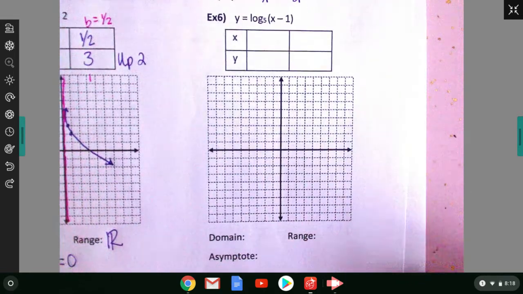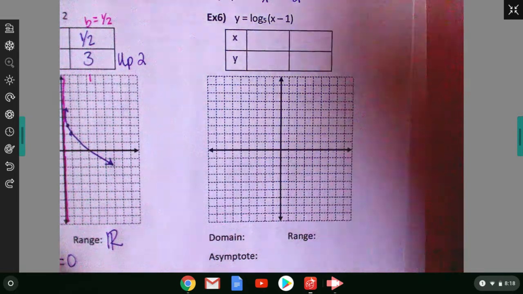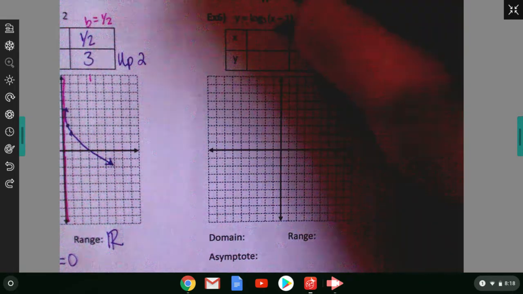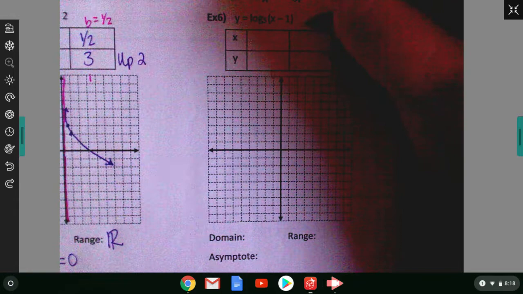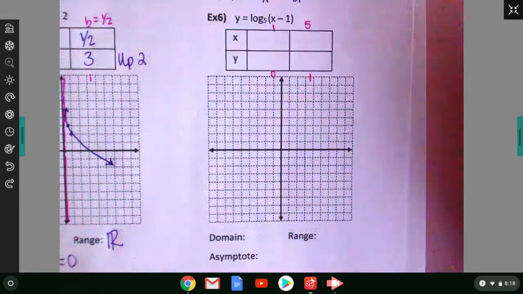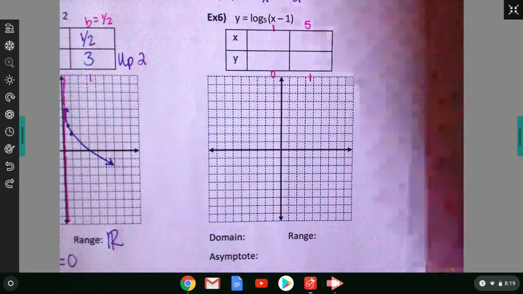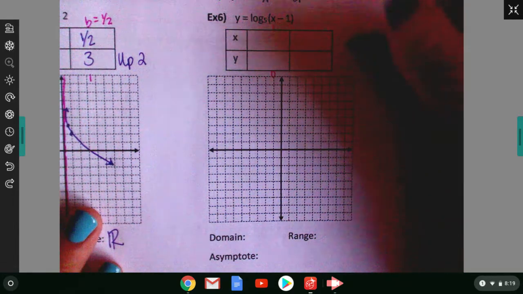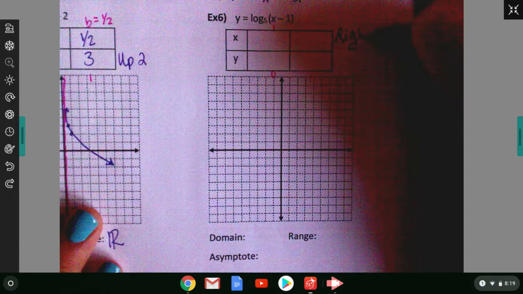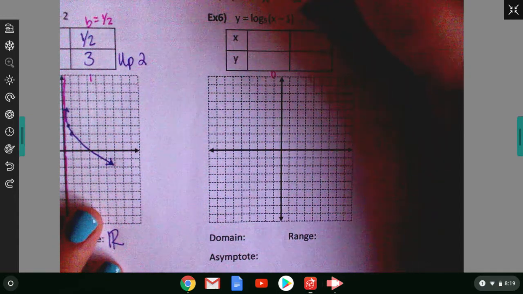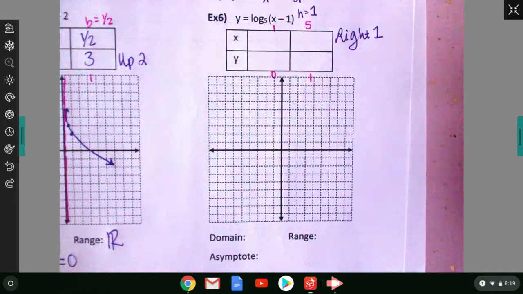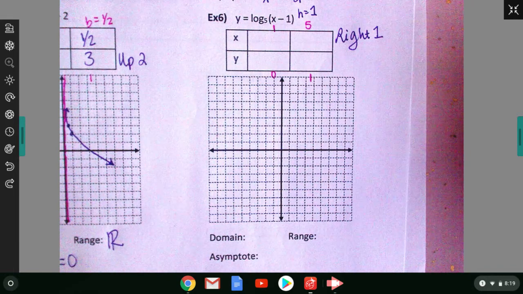All right, last one of these. Log base 5 of the quantity x minus 1. So let's see, I've got my points on my parent, 1, 0, and b, which is 5, 1. I've got a right 1 because h equals +1, opposite of what you see.